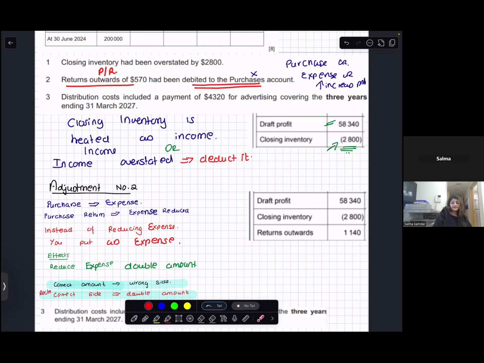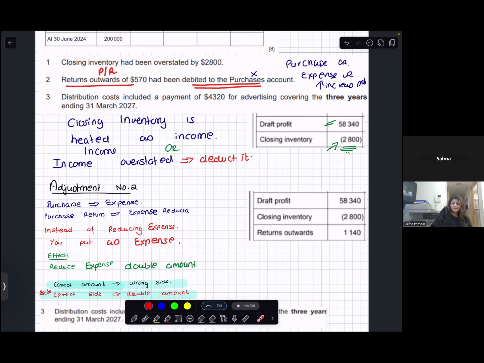Understand? Return outward is an expense reduction. It has been debited to purchase account. That means expense is debited more. So to rectify it, I need to reduce my purchases.